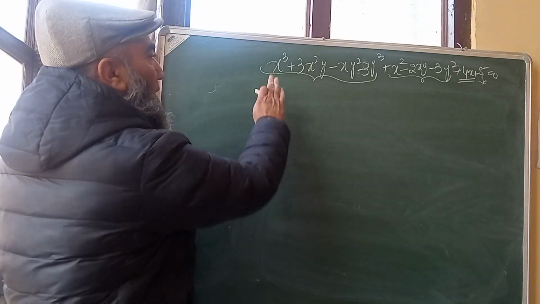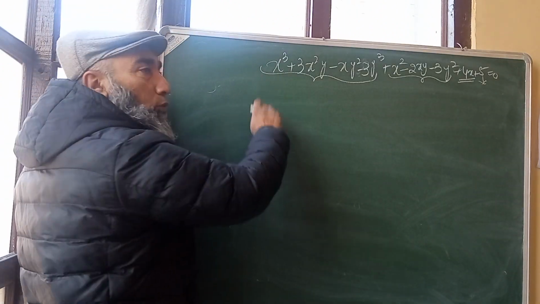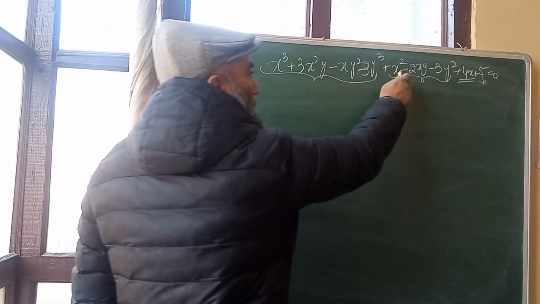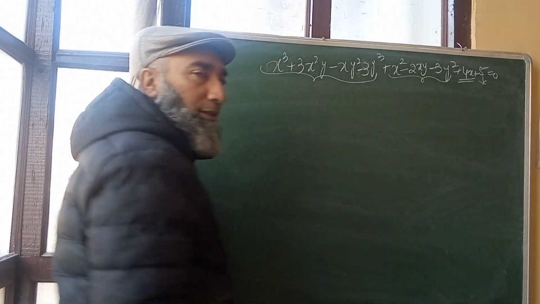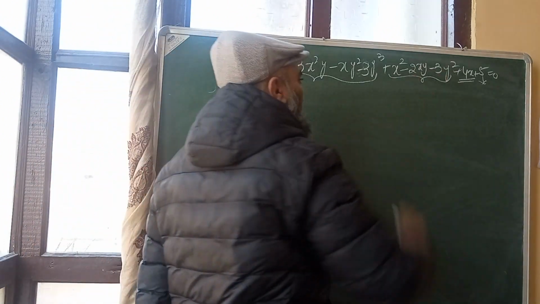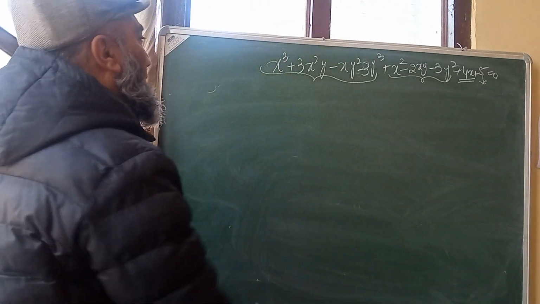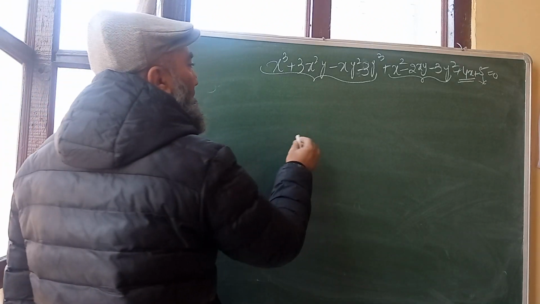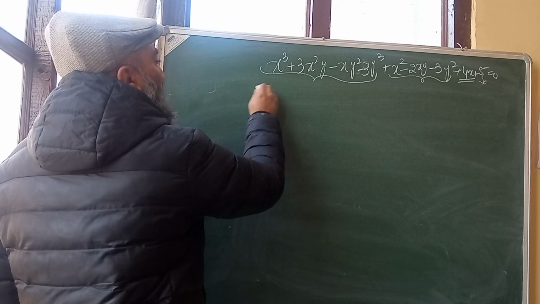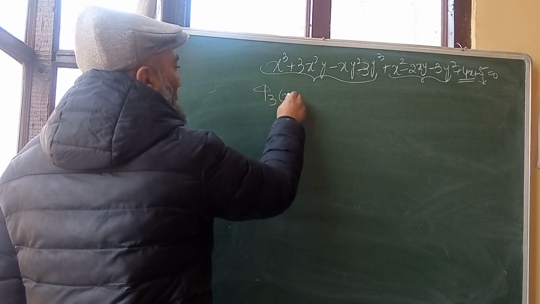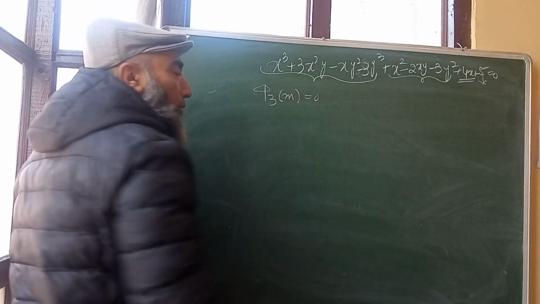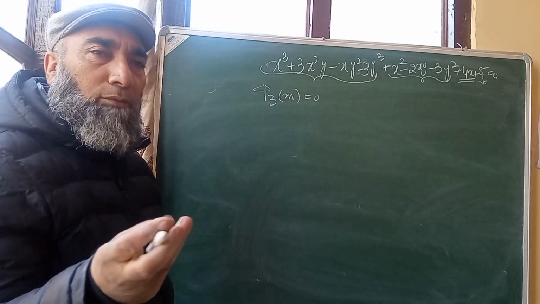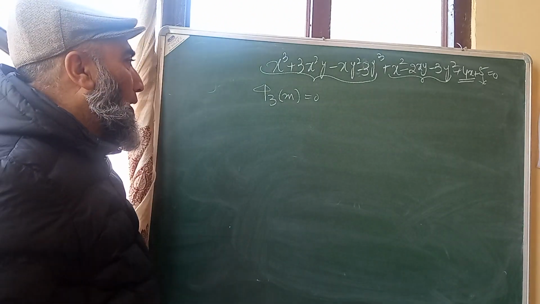So I can write it in this form: say x cube function of y by x, square function of y by x, right? Now what I have to write is that I have to find phi 3m, phi 2m, phi 1m, and so on.